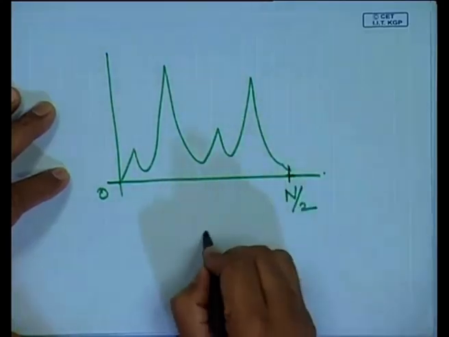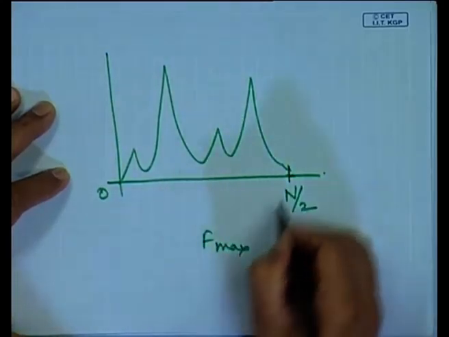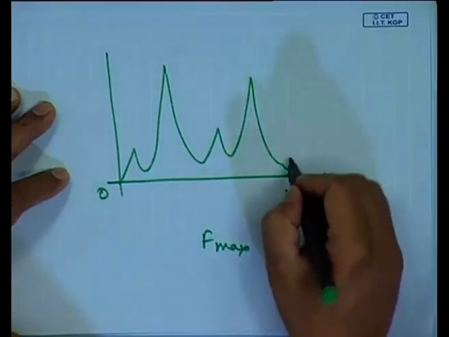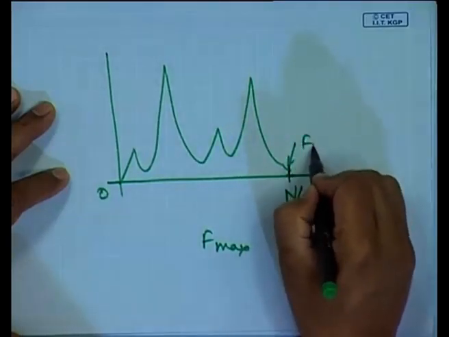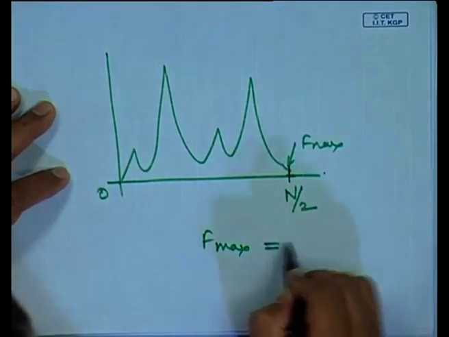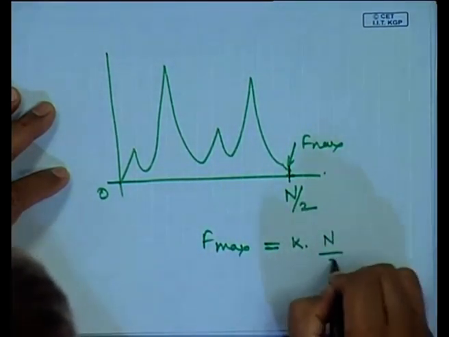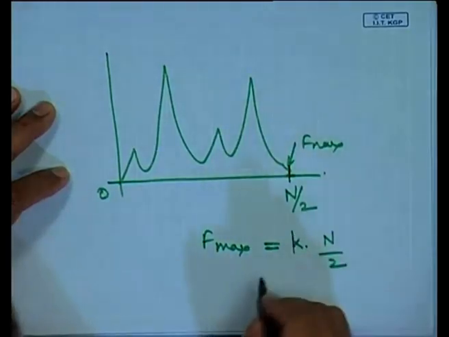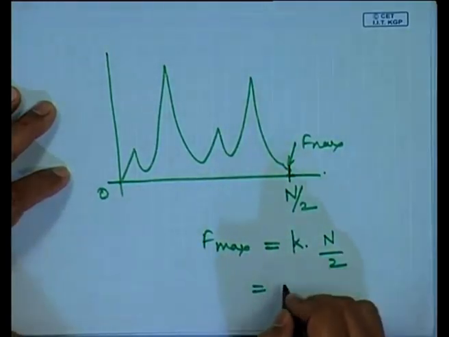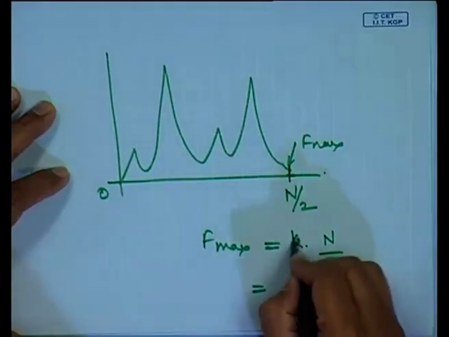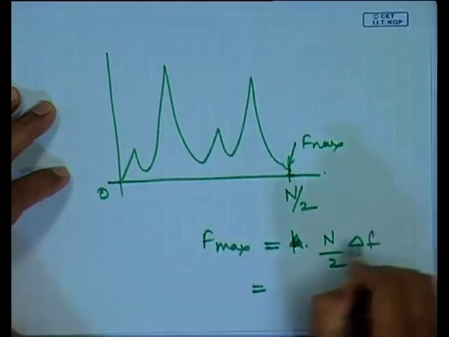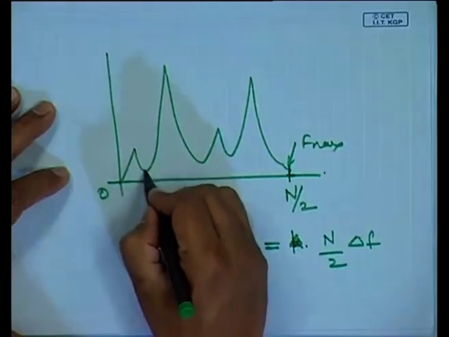The maximum frequency f max which we obtain is nothing but delta f times n by 2, because each one of them is delta f.